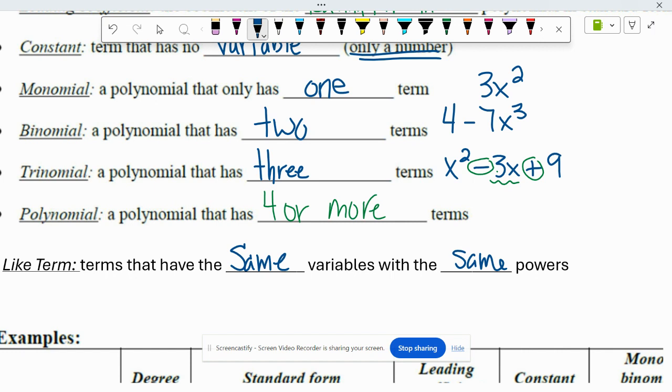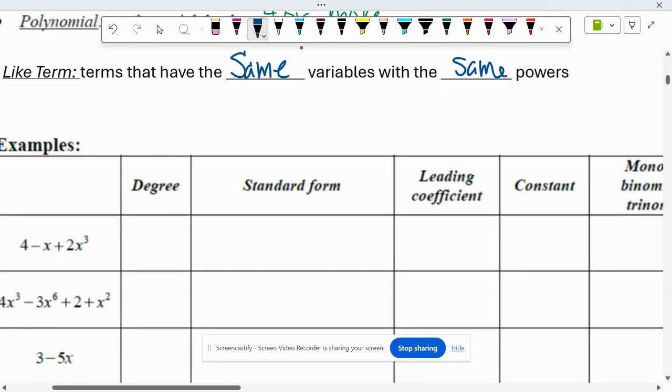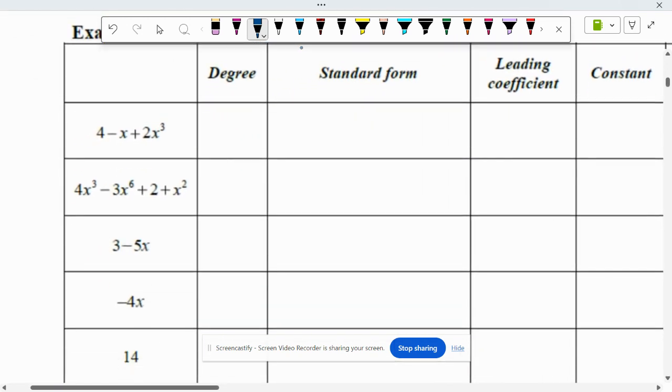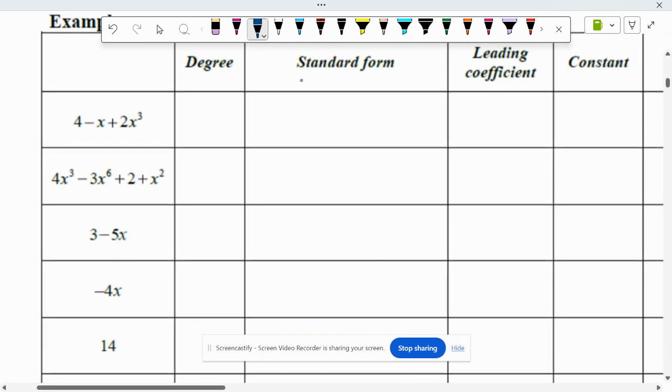Same variable with the same power. Okay. So we're going to look at 2, 4, 6. I think we have 7 examples, and we're going to have to identify the degree, which is the largest exponent on the terms. We're going to have to put it in standard form. Then we'll identify the leading coefficient. We'll identify the constant.